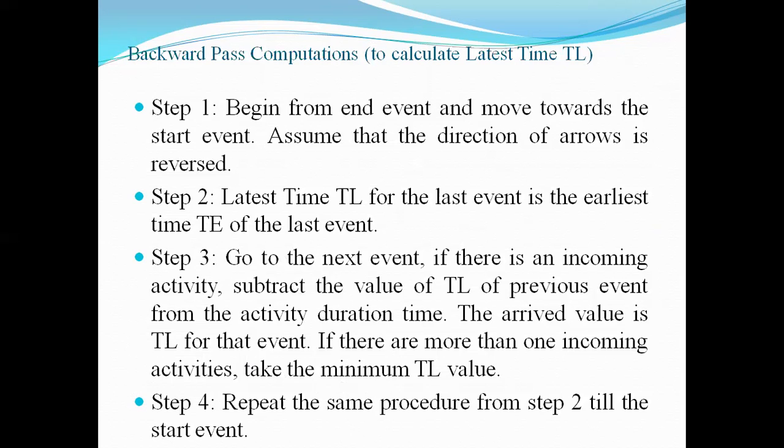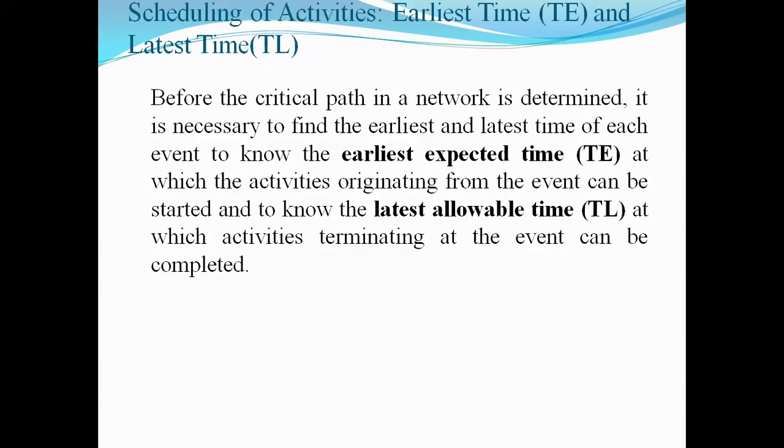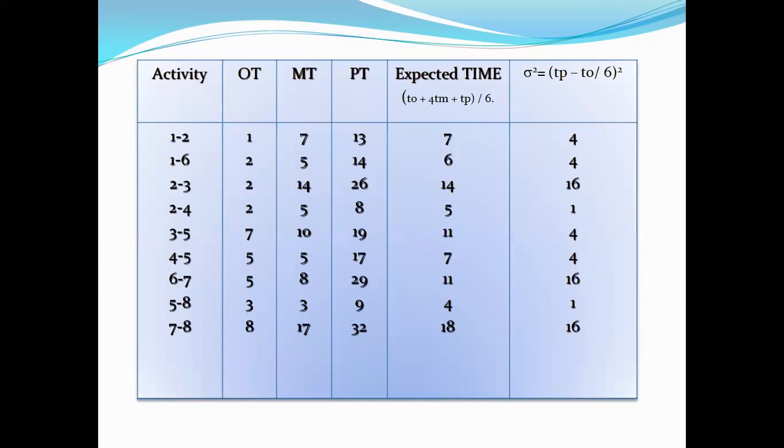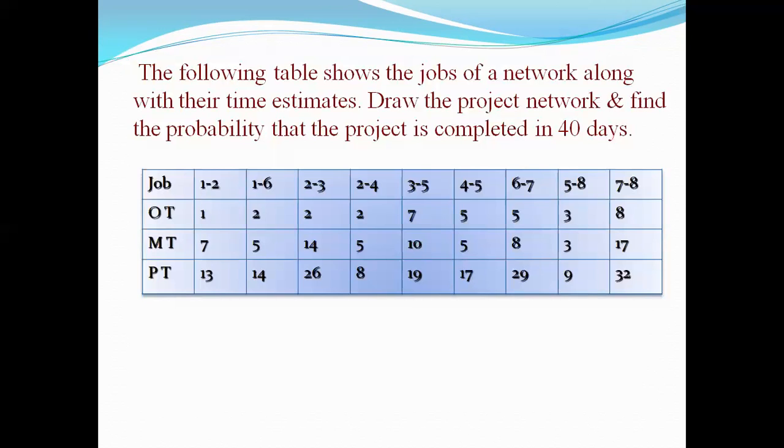This is very important because in this example, I have to take the values of TE and TL, because this question is also asking about the critical path. Critical path is a new terminology. At this phase, you can understand the critical path with the help of the slack.